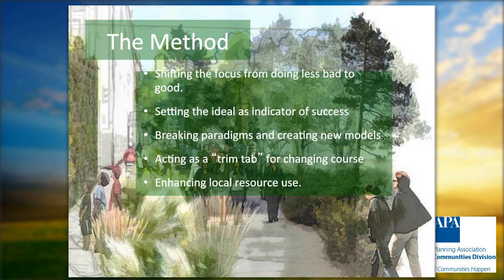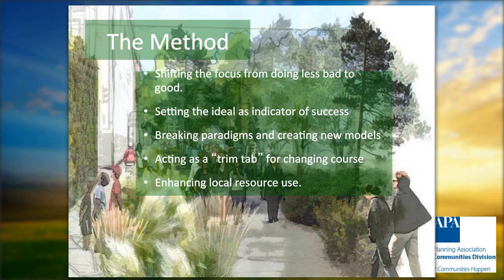You know, right up front from the beginning, to know where it is that we need to go in terms of performance. And to break paradigms and create new models, including our mental models, which are often the first line of constraint that we run into in trying to do this work.